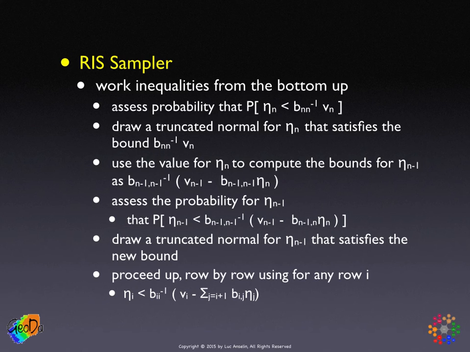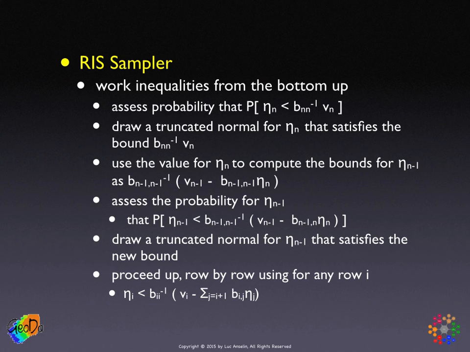So the first concept is to evaluate the univariate probability for which you need a bound. And the second thing is to get values for these eta variables, and we get those by simulating them, by drawing them from a truncated normal distribution. The truncation bound is the same bound that we used to compute the probability.